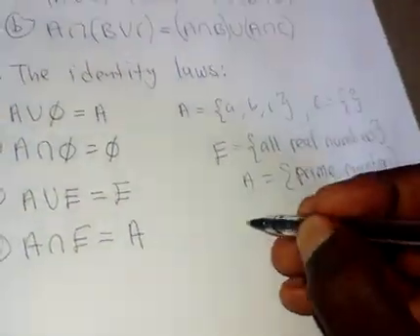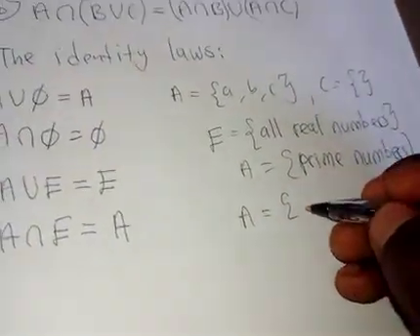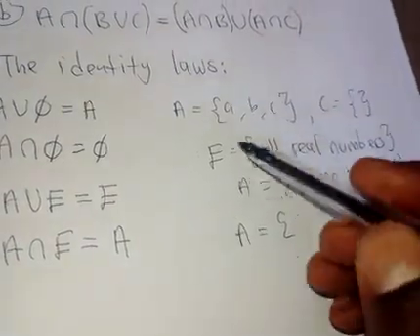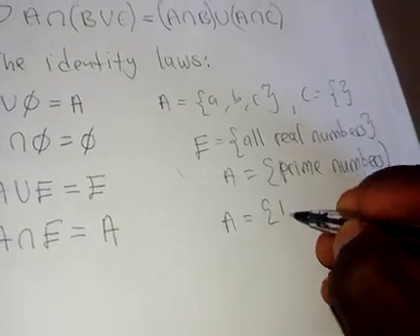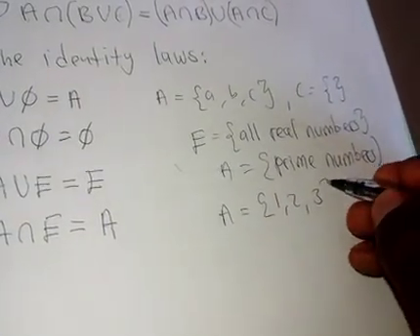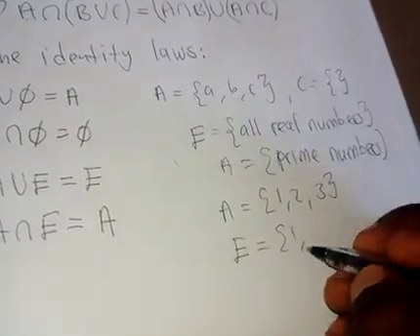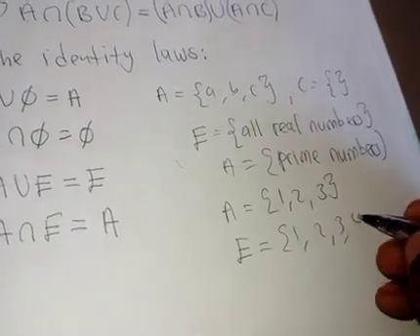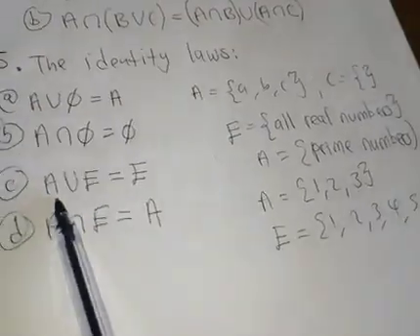Giving a practical example, let's say set A contains 1, 2, and 3, and the universal set contains 1, 2, 3, 4, 5, 6. So what's A union E?